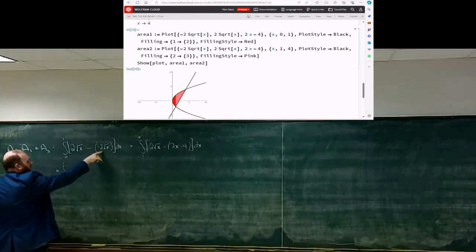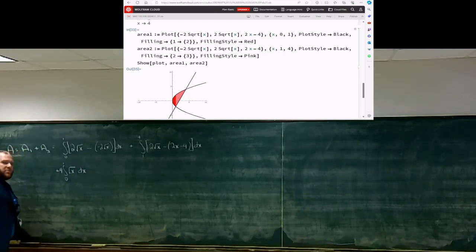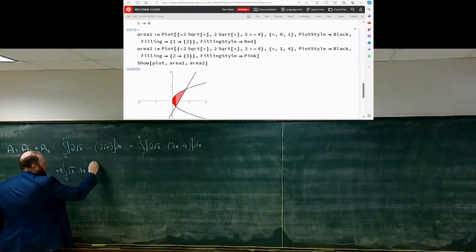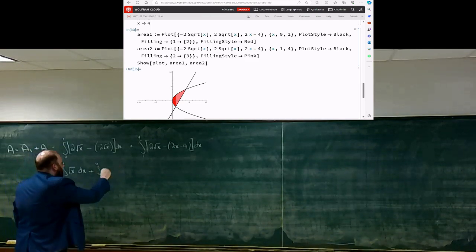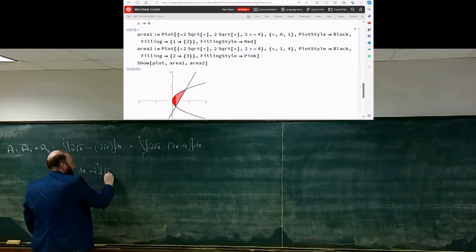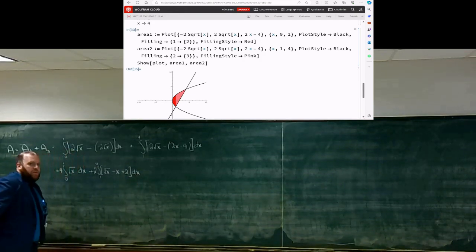Well, this is just going to be 4 root x, right? That's nice. Plus, now here we can factor out a 2, be left with root x minus x plus 2.